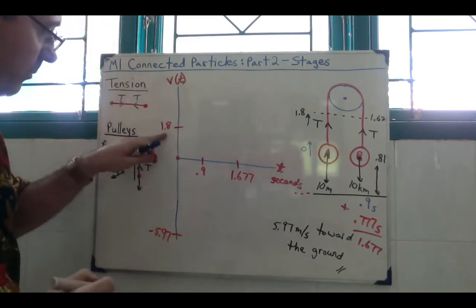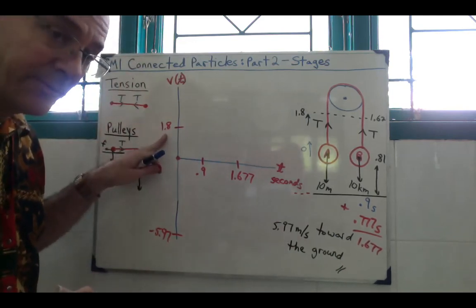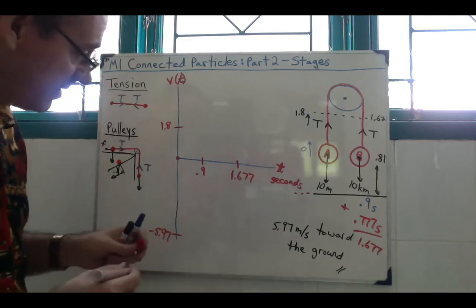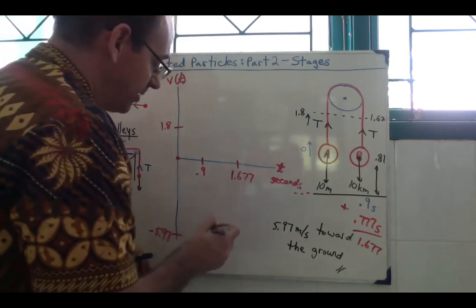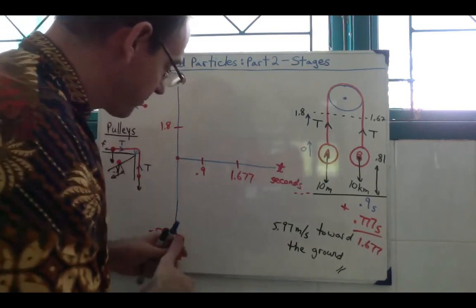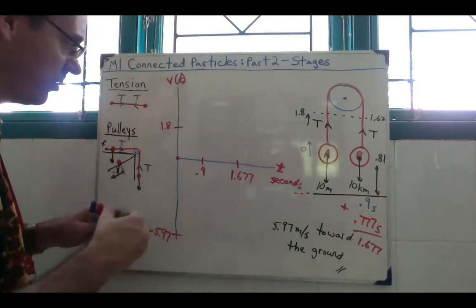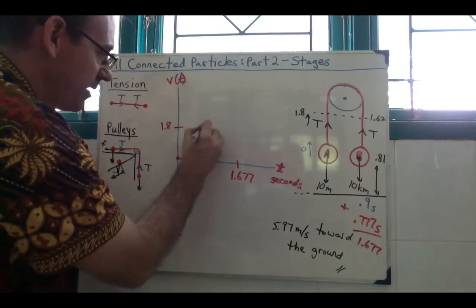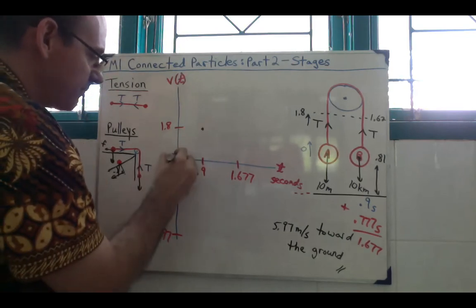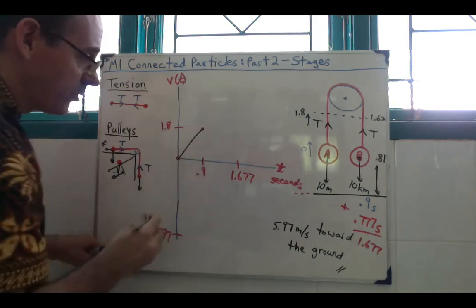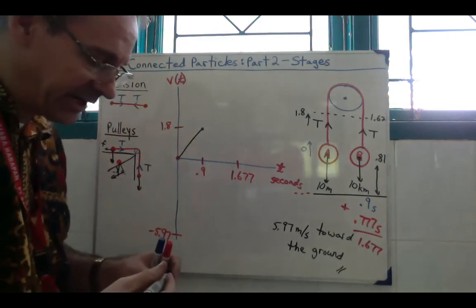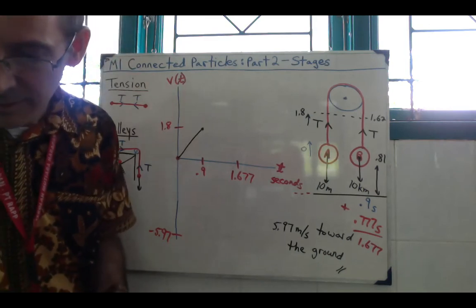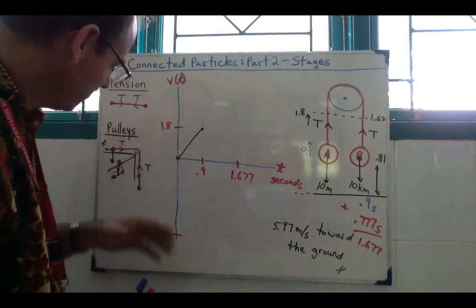So this part represents it going away from the ground. This part is it going back towards the ground until it hits the ground. So here we have at 0.9, it reaches our 1.8. Remember, the slope is acceleration. The acceleration for that first part, I believe, was 2 meters per second squared.